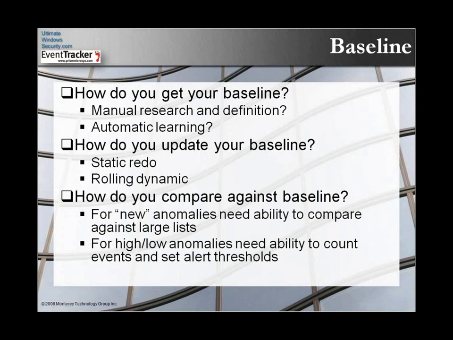You either manually research it yourself and come up with your baseline. Now, sometimes your baseline would not be a list of distinct data items like process names. Sometimes it would just be a quantity, saying, okay, we normally see 500 user activity events for Bob in a given day's time.